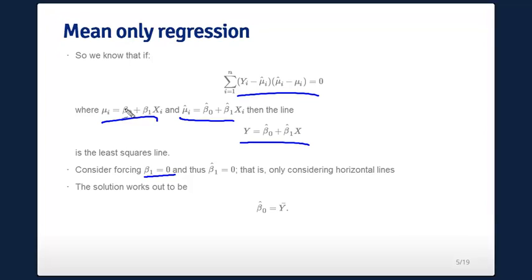And then it's only considering horizontal lines, and that works out to be y bar. We already worked out the solution, right? If you just want to minimize the sum of yi minus beta naught quantity squared, we've already worked out that solution in the previous lecture.